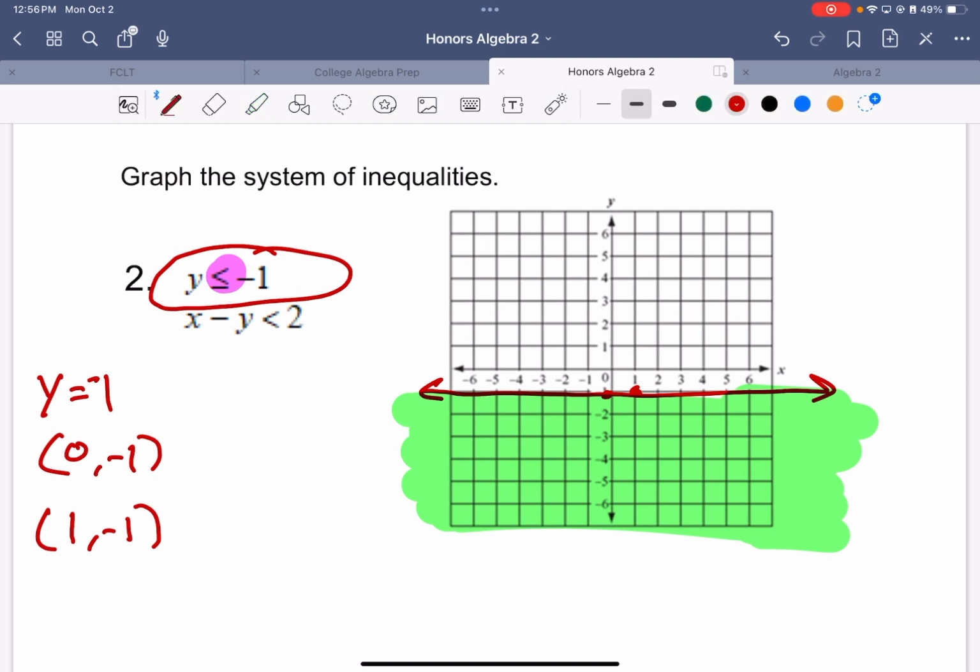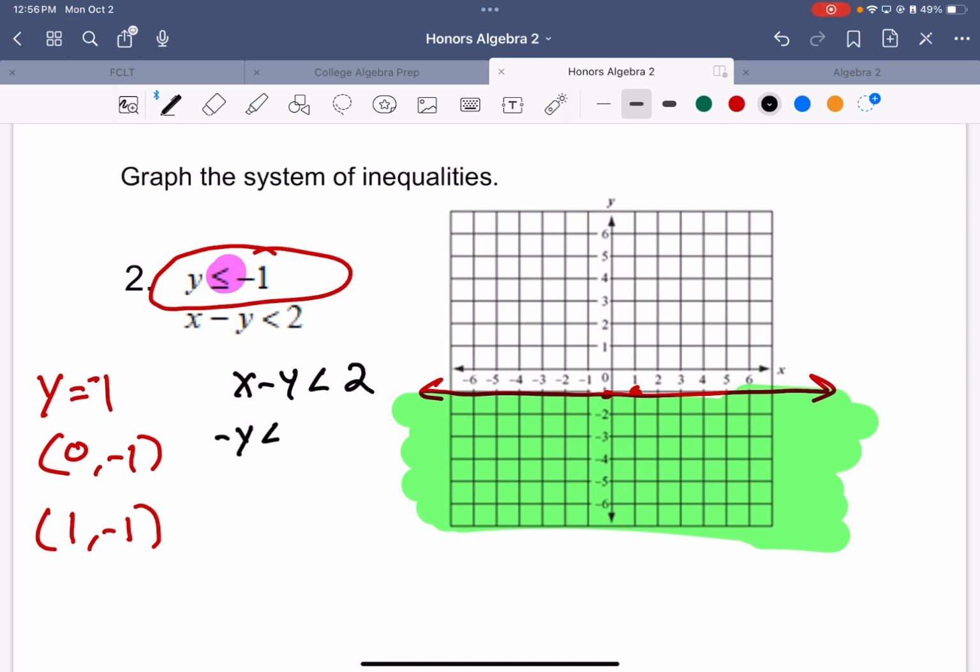Second one. We've got x minus y is less than 2. And we're going to leave the inequality in there this time. It's not in slope-intercept form. So we're going to subtract x.